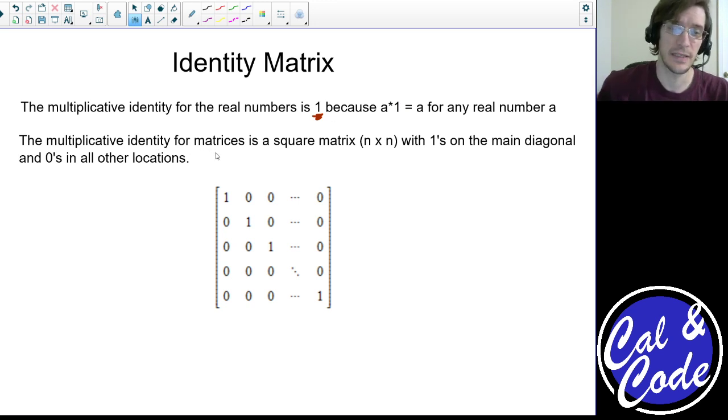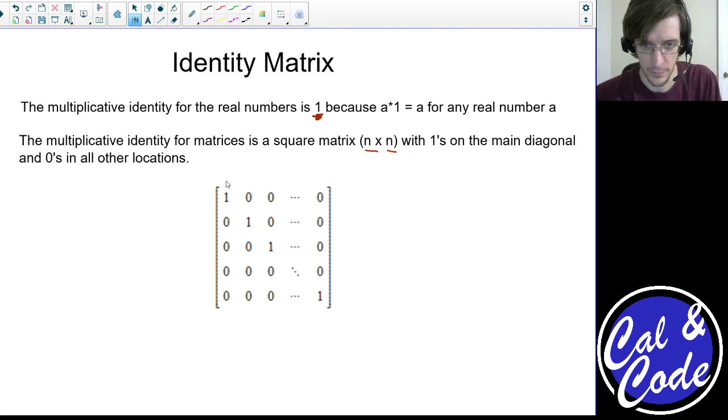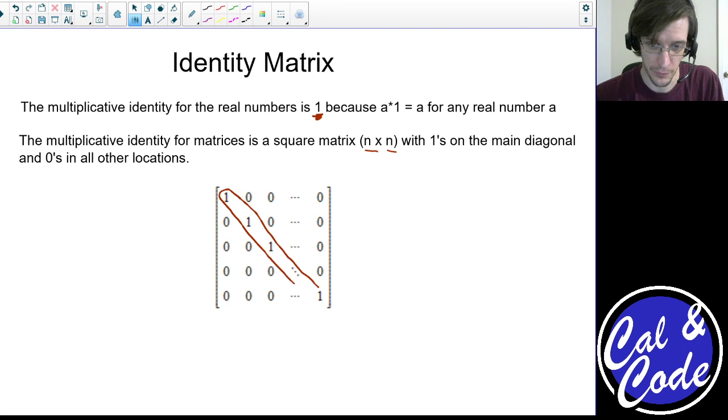So the multiplicative identity for matrices is a square matrix with 1s along the main diagonal, and 0s everywhere else. This is called an identity matrix.